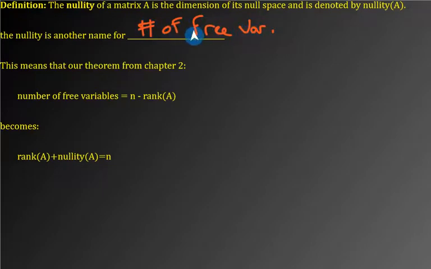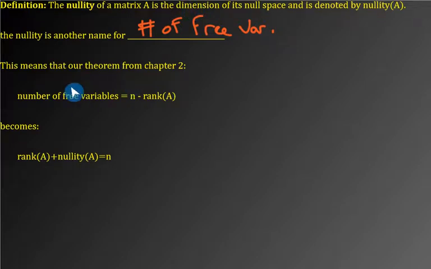But no one really uses this, maybe in passing, but they would say the word nullity if they want to talk about the number of free variables. So if they say the nullity is 5, they're talking about a 5-dimensional basis for the null space.